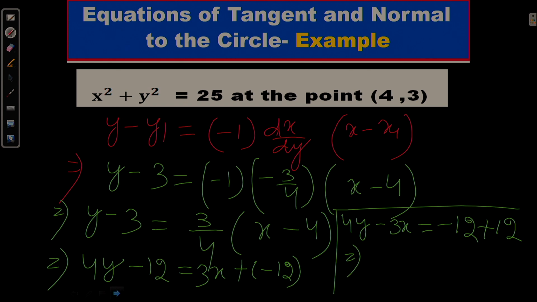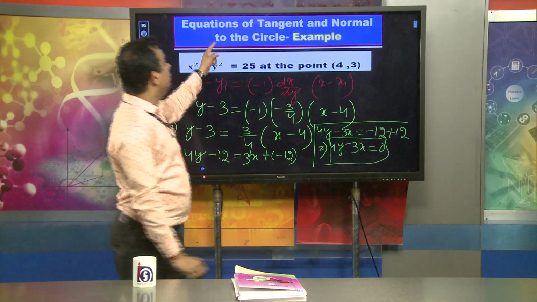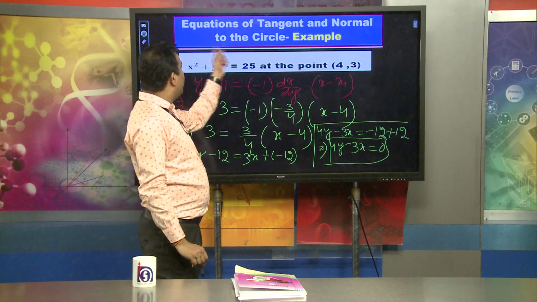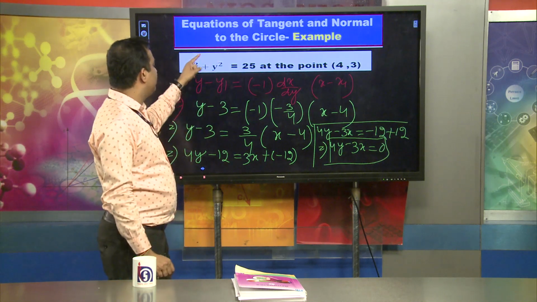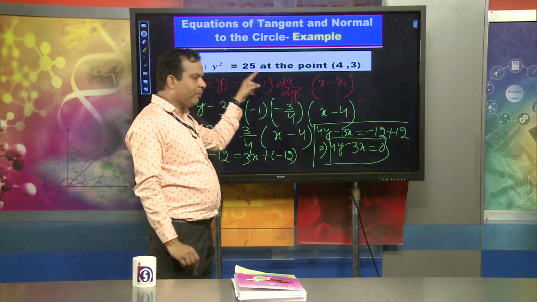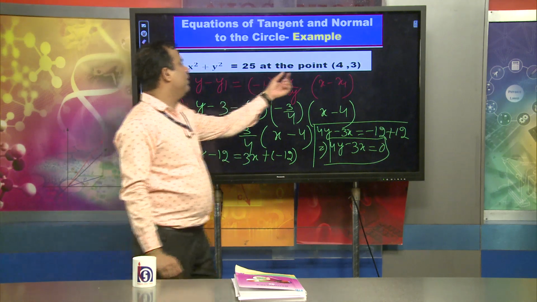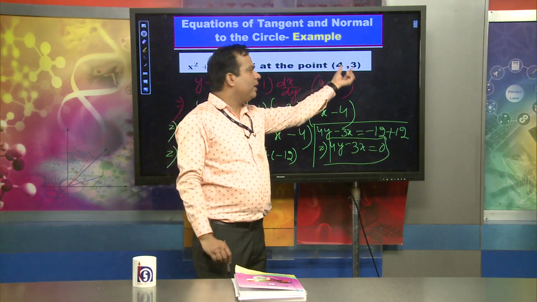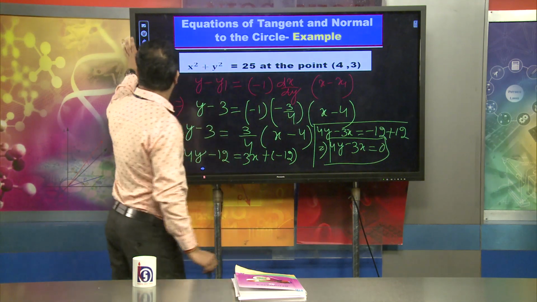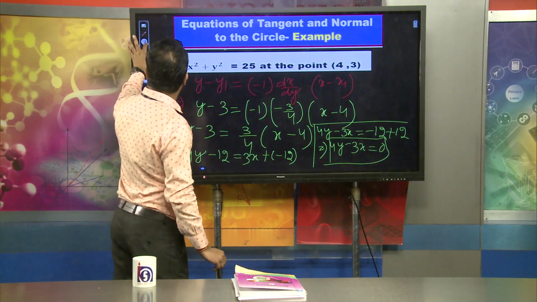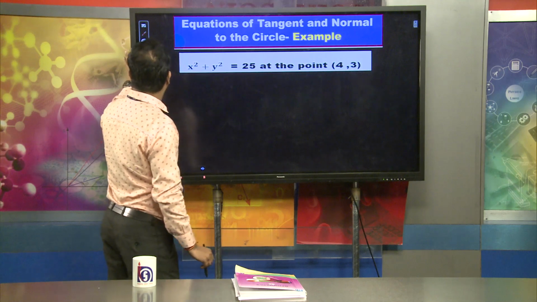That means 4y minus 3x equals 0. This is the equation of the normal to the circle x squared plus y squared equals 25 at the point (4, 3), that is, x1 is 4 and y1 equals 3. This is the equation of the tangent and normal.